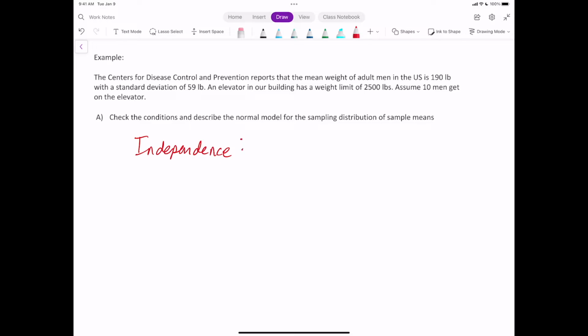Okay. Well, once again, checking for independence, guys, it's nothing you can verify. It's just an assumption. But we can assume that 10 men getting on this elevator is pretty random, right?